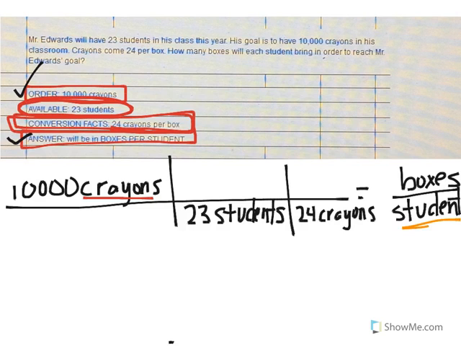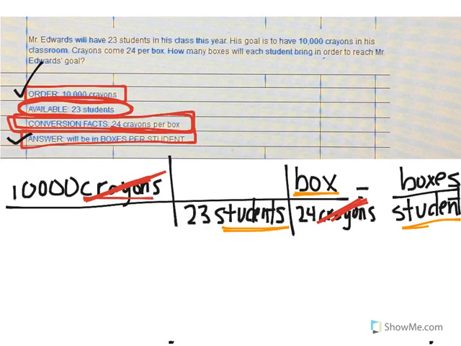Per box, 24 crayons per box, which means I need that box on top. My crayons on top now cancel with my crayons on bottom. On top I'm left with boxes, and on bottom I'm left with students, just like my answer says.